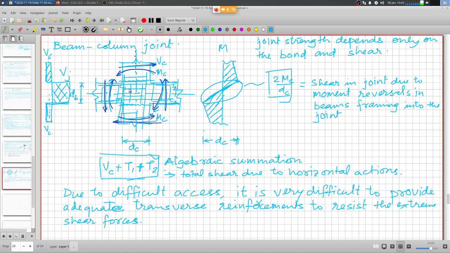All that you have is bond strength, because if you look at it, it's a very, very demanding situation.